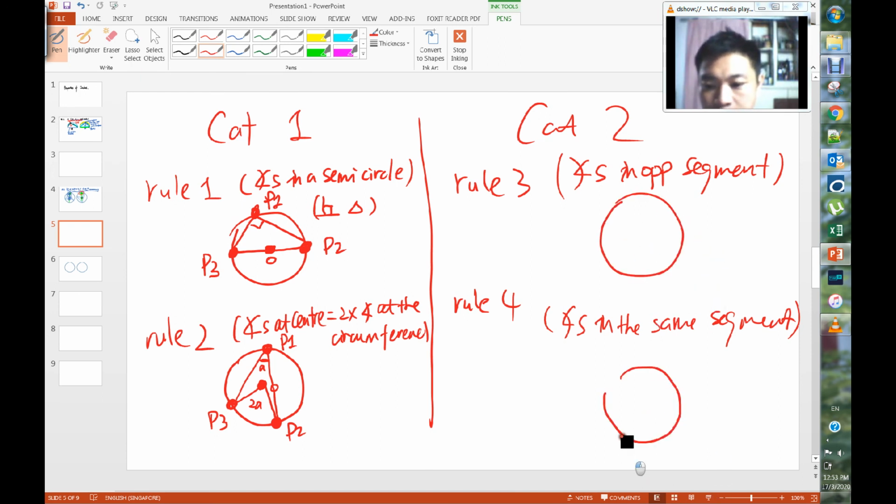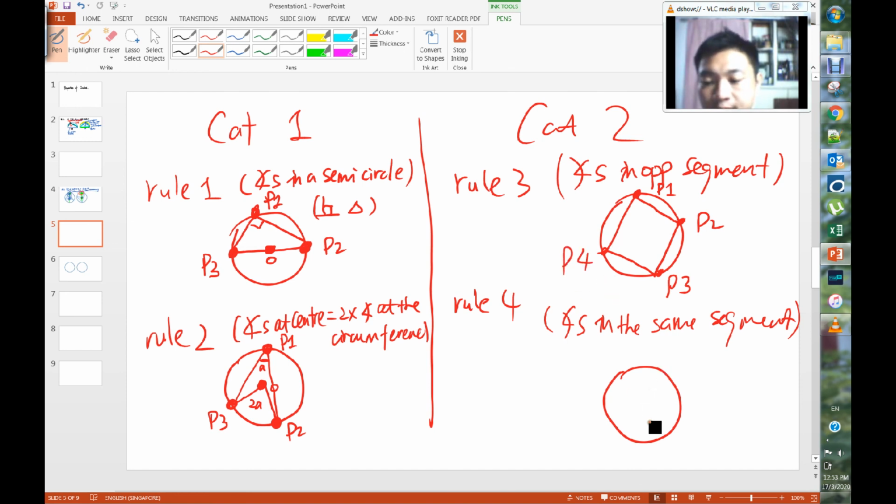So let me point out to you. For opposite segment, all you need to do is you need to have 4 points on the circumference. So you have your point 1, then point 2, and then point 3, and then point 4, right?